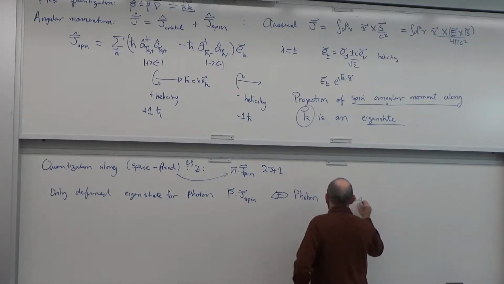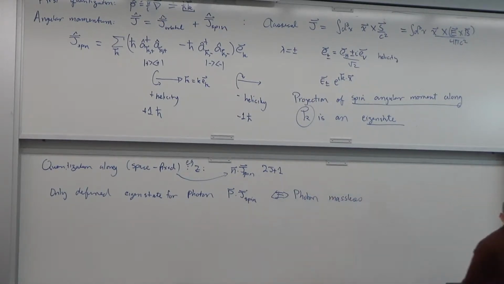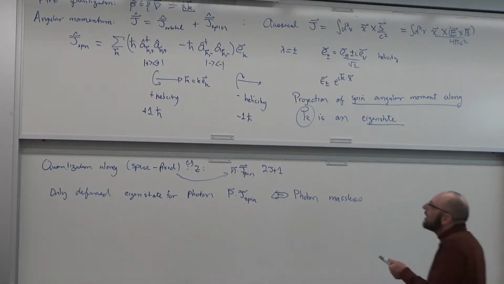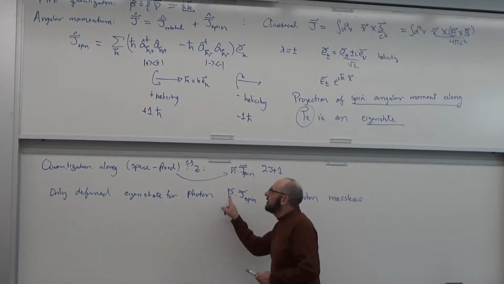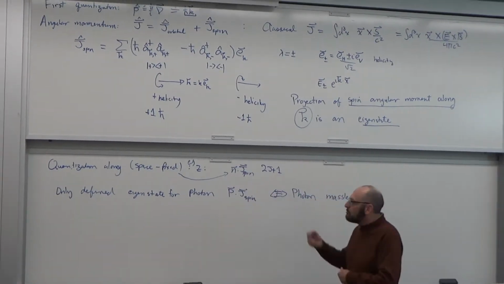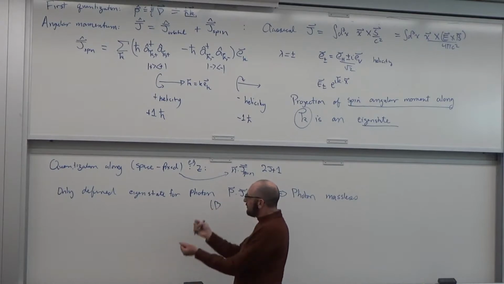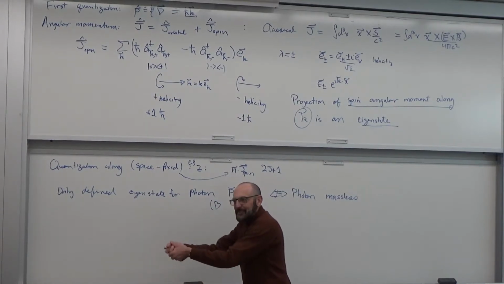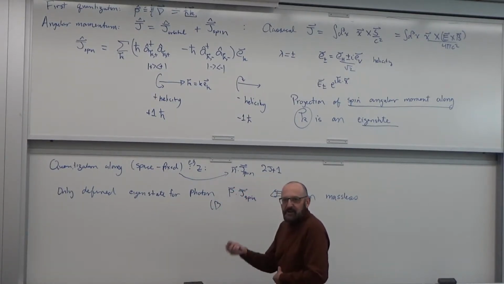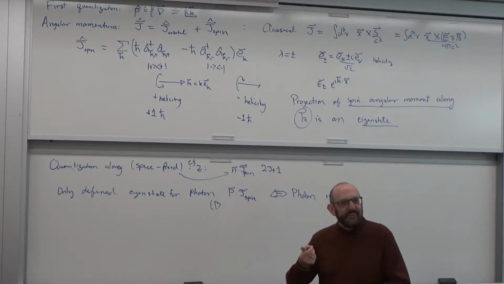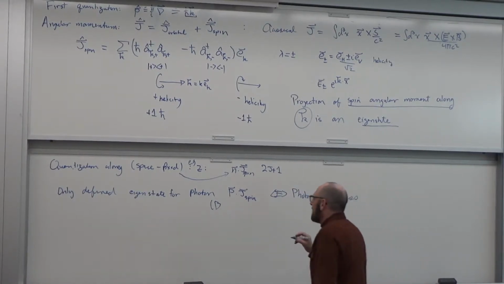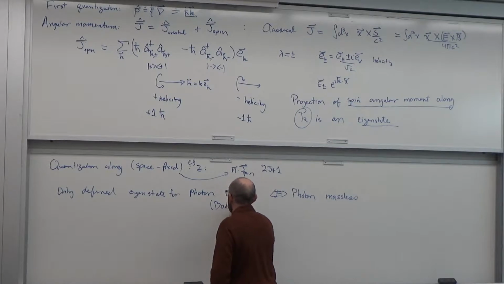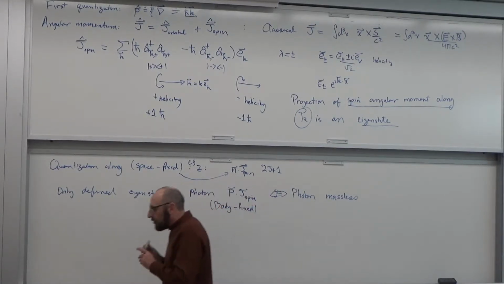Now, what is the connection between the fact that the photon is massless and the fact that I can only define good eigenstates relative to the momentum and not relative to a space-fixed axis? This is a body fixed frame. The body of the photon has some momentum, and I can only define it relative to its momentum. Because it has to be traveling, since it's massless, at the speed of light. So it's obviously related to that.